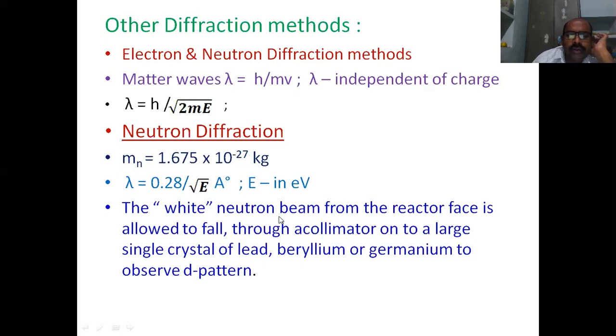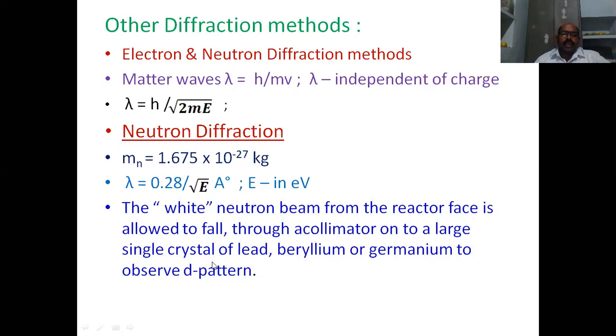Since it is not monochromatic, that means it possesses different energy ranges. For that reason, we use a large single crystal of lead, beryllium or germanium to observe the diffraction pattern.